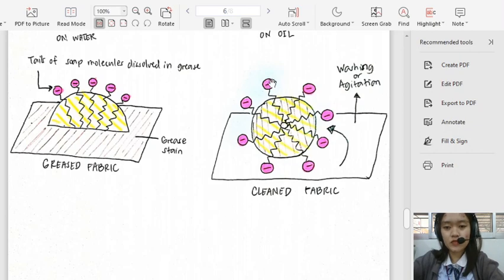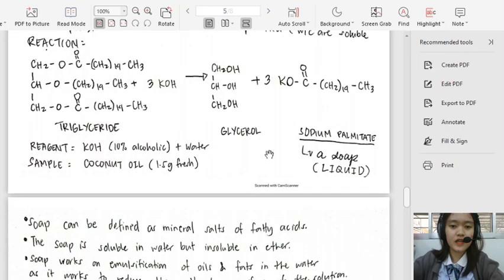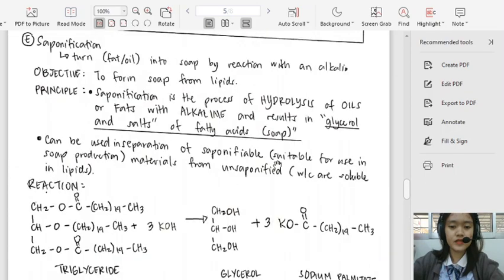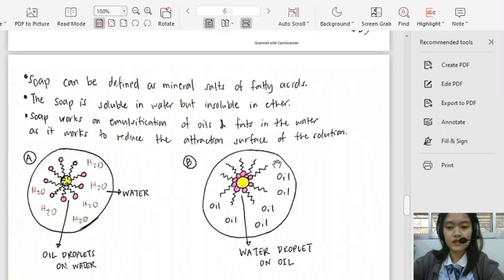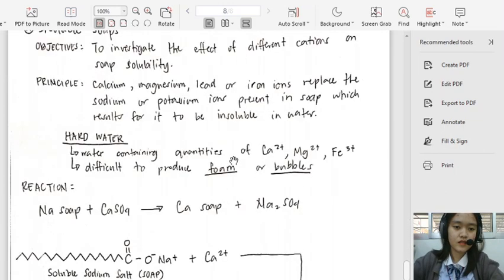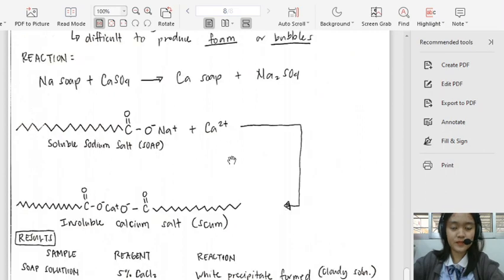Ha? So, itong dulo nito, yung dulo ng inyong soap molecules, yan, yung mga maliliit na pink, no? So, yan yung pinakita dito. Ito siya. Ito yung reactive part, okay?